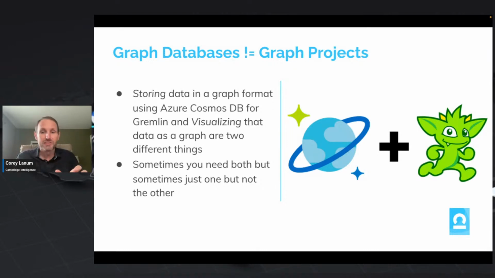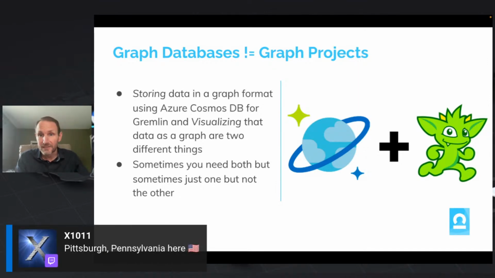I want to show nodes and links and allow a user to think about the data and work with it that way, but not have a graph database on the back end. And similarly, in the opposite direction, I may have a graph database because I really benefit from storing and analyzing the data that way, but I don't want to show the user that I'm using that. I just want to give them answers in a different format. So let me show you a couple of examples where you might want to use one and not the other.